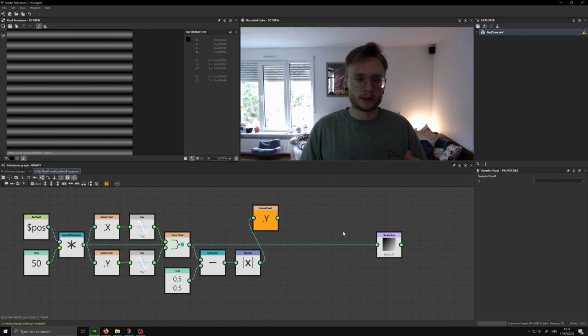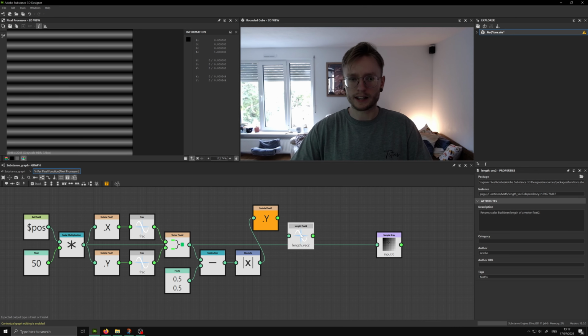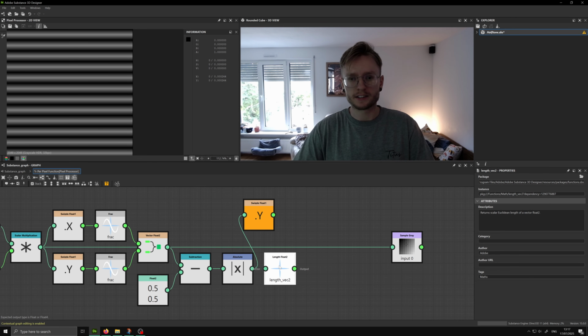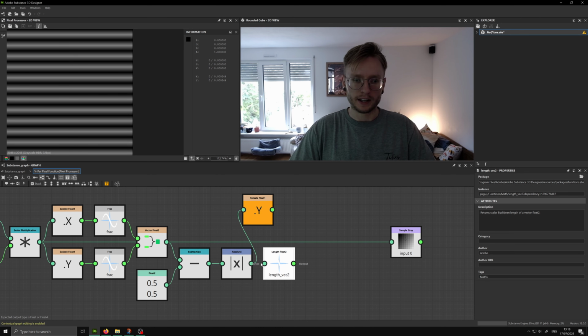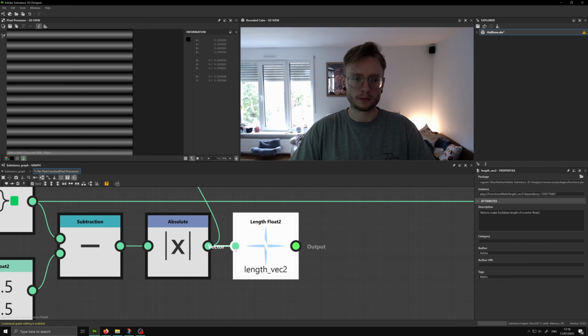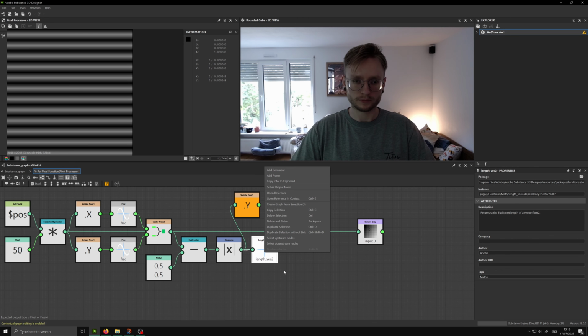So, why are we doing all this? We are doing these operations because we want to create procedural circles or disk shapes. To do that, we can make use of a length function, which calculates the length from one point or from two points to each other. If I quickly display this, you're going to see that we are turning from a float 2 to a float 1.